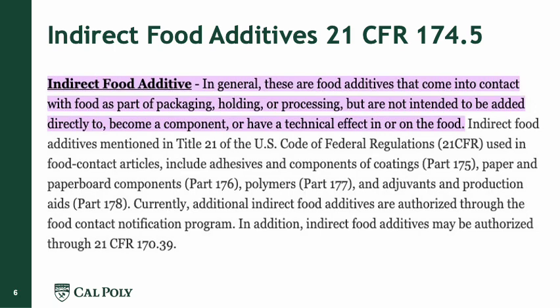Sometimes we cannot control it, and because something happens, it migrates to the food. There are ongoing regulations on what types of chemicals and compounds can migrate from packages to the food, and that's why there are a lot of regulations being developed and put in place.